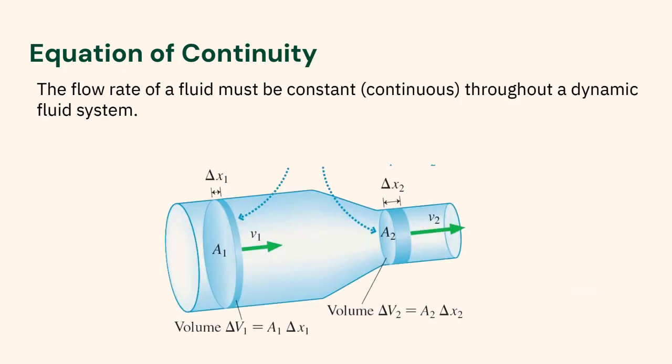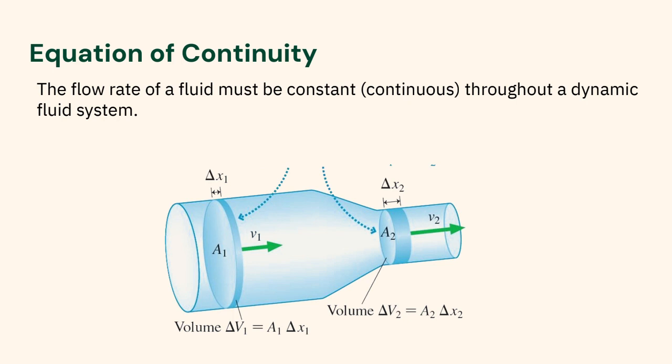Now, what we're talking about today is mostly continuity. When we're talking about fluids, they're actual matter, physical things moving through these systems of pipes. And because of the conservation of matter and just general logic, the flow rate has to be constant through a system.